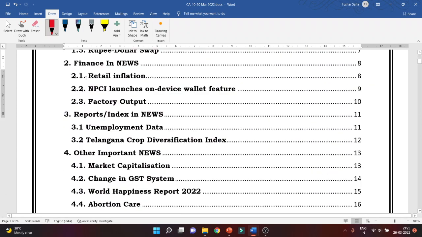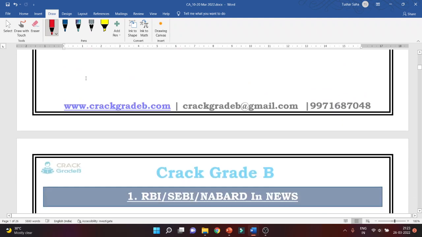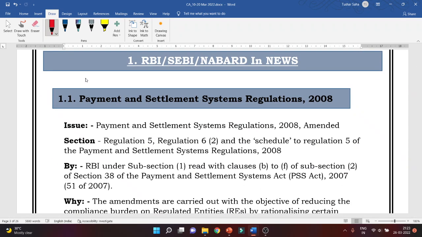So the first news article is the Payment and Settlement System Regulation 2008. Recently, this is very interesting, I'll tell you why. Recently, the Reserve Bank of India made an amendment to a law enacted in the Parliament, the Payment and Settlement System Regulation 2008.